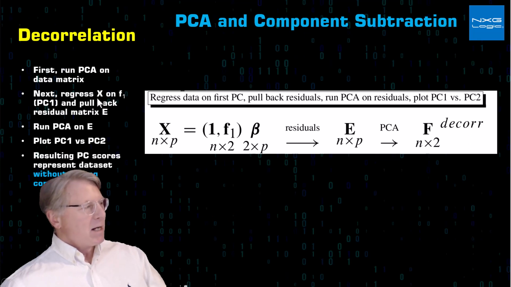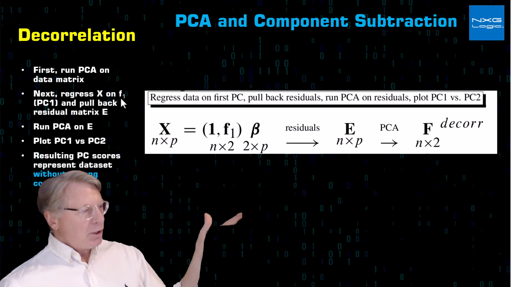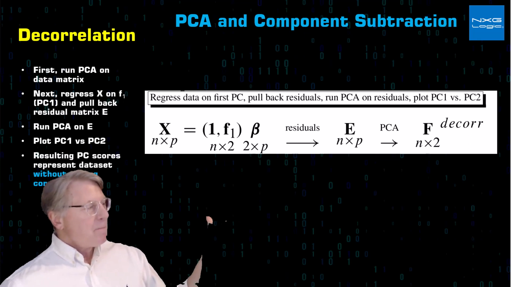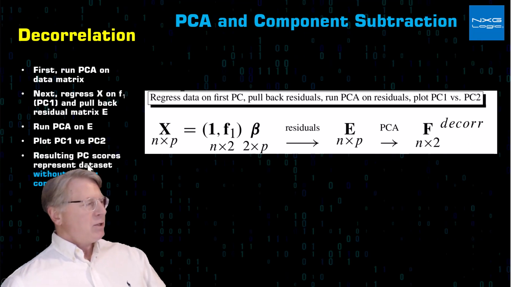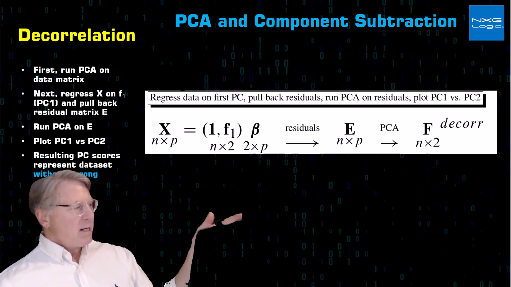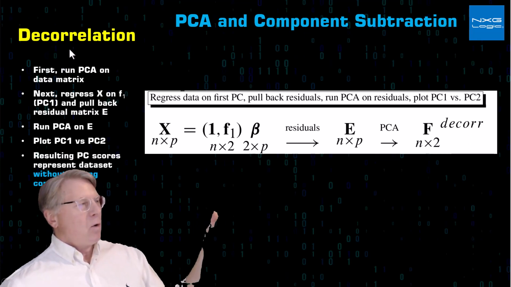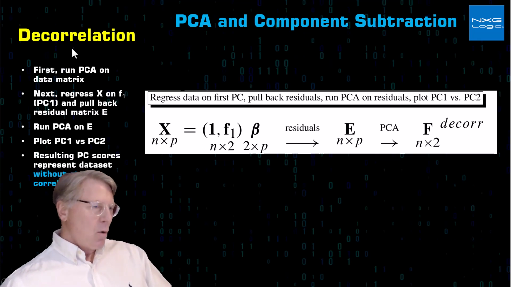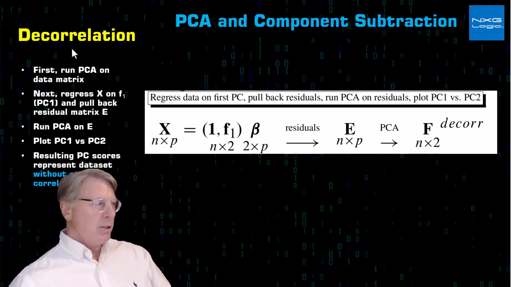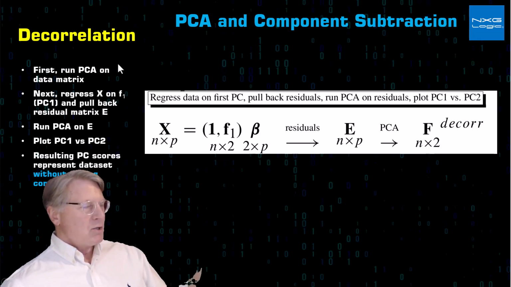Then you regress X that was used for principal components on the first principal component, which carries a lion's share of correlation among the predictors, that is X, and then pull back the residual matrix, then run PCA on the residual matrix, and then plot the two PC scores for PC1 versus PC2. The resulting PC scores represent the original data set without strong correlation. So you've decorrelated, you've removed what's called the strong correlation. There is other correlation, but for all practical purposes, we're calling this decorrelation because we've removed the strongest correlation.